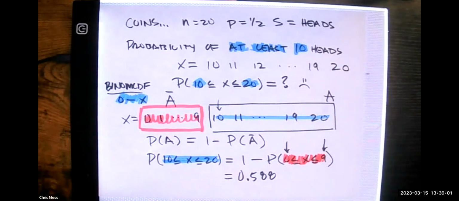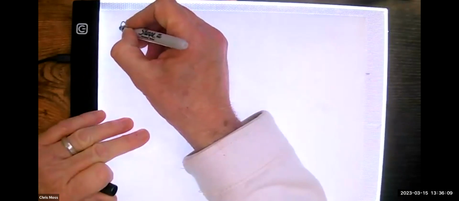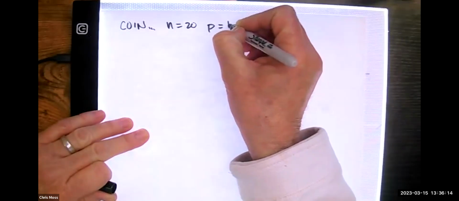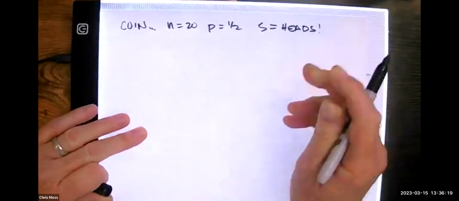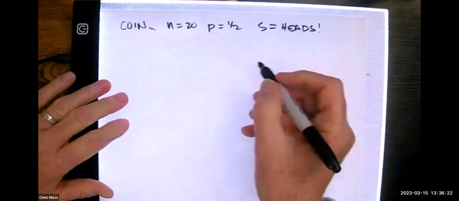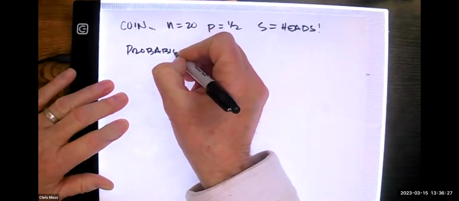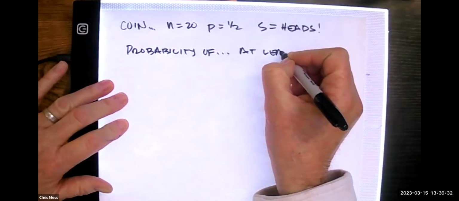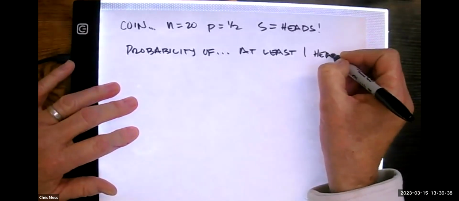Let me give you another example here, still working with the coins. The probability of at least one head.